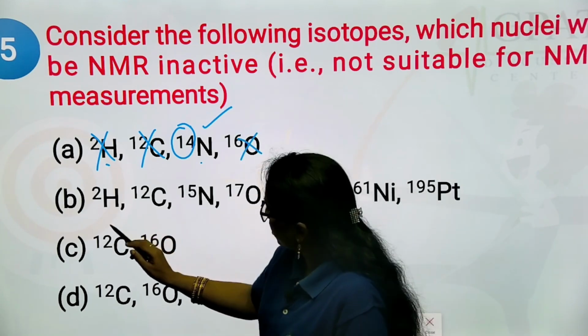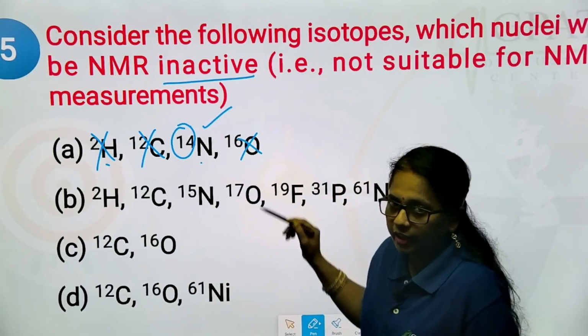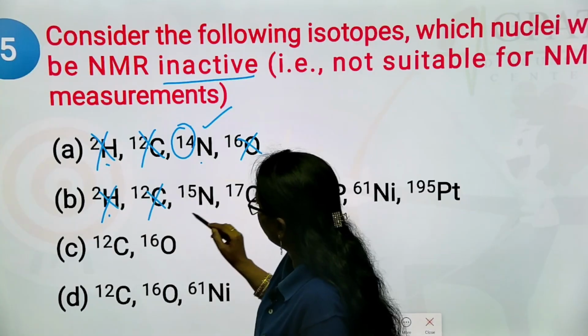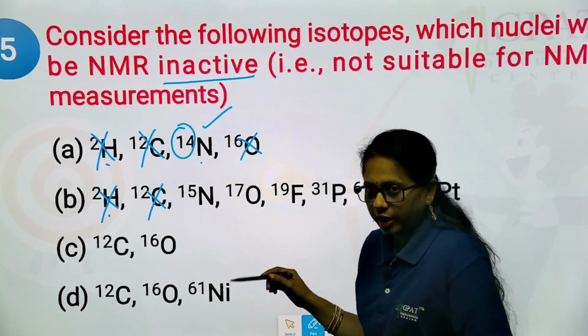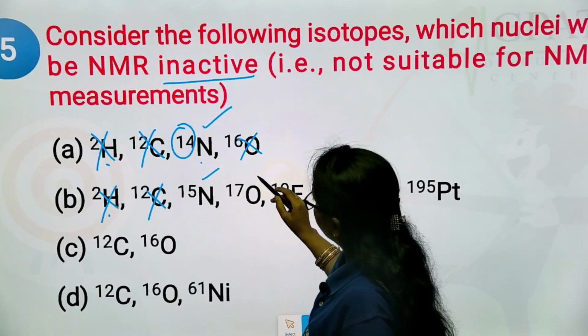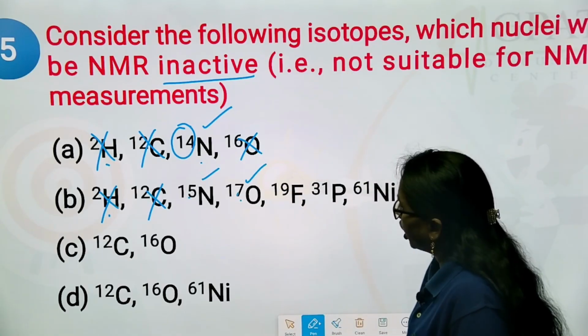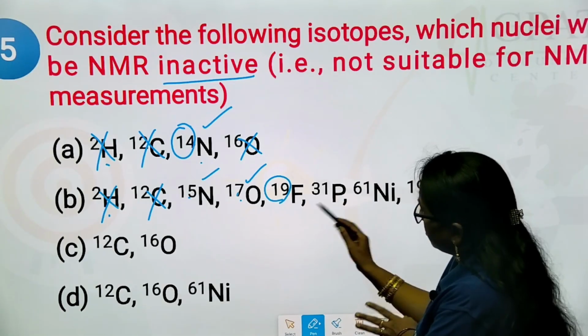Coming to option B, but the question asks for completely NMR inactive. So H2, no NMR, C12, no, N15, the atomic number you can get, NMR signal.